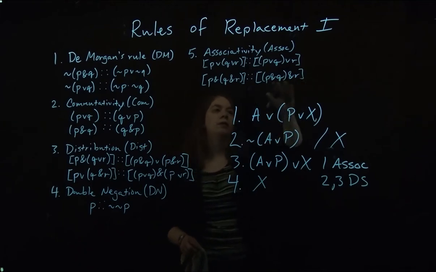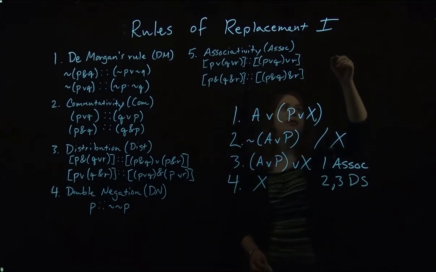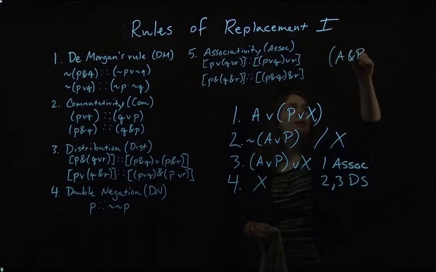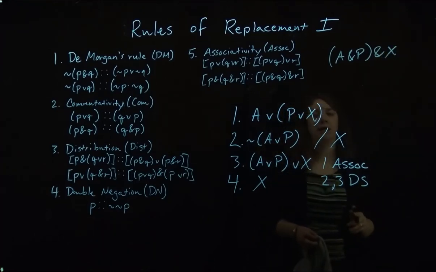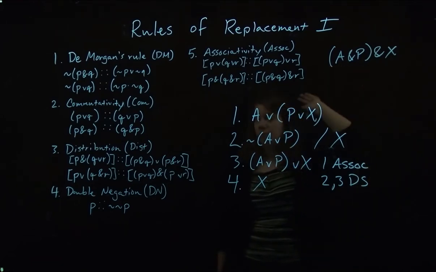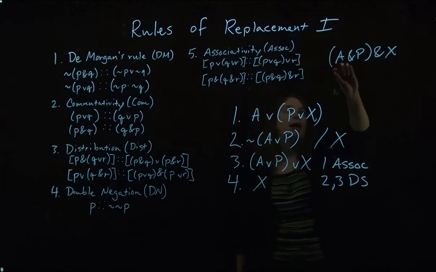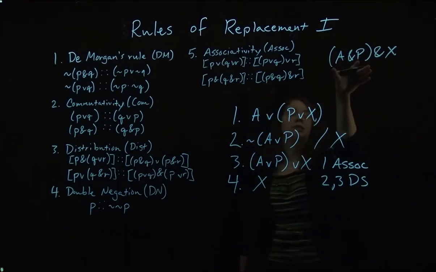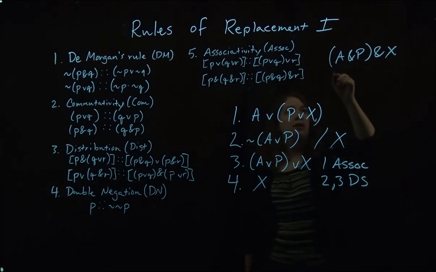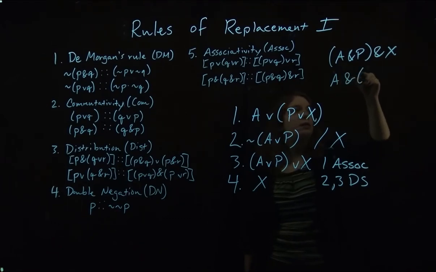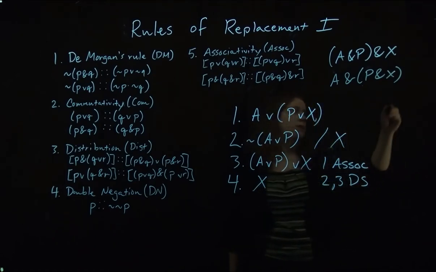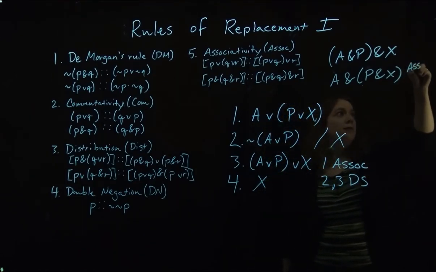Another way, if you have a conjunct, consider that you have a claim, and we'll just use the same letters here, so A and P and X. Say for instance that your conclusion is A, right? And you say to yourself, well, I know with the rule of implication, specifically simplification, I could get A out. But I can't get A out as long as it's tied together with this P. And so what you can do here is, using the rule of associativity, you can then go A and P and X, and now join together P and X. So this would be associativity.